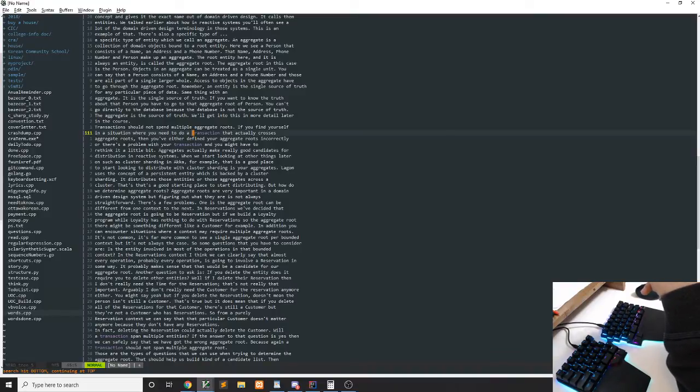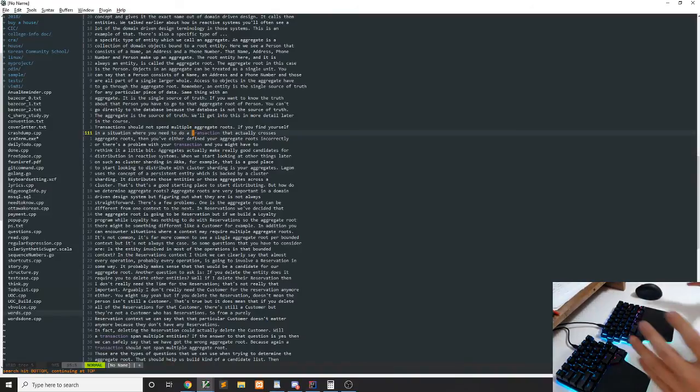Aggregates actually make really good candidates for distribution in reactive systems. When we start looking at other things later on, such as cluster sharding in Akka, for example, that is a good place to start looking to distribute with the cluster sharding in your aggregates.